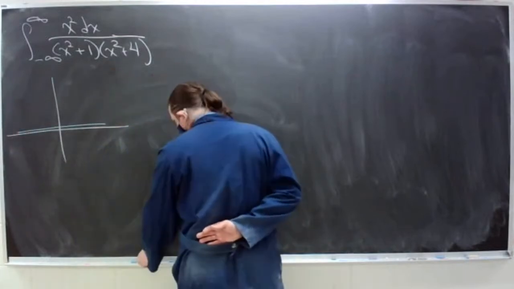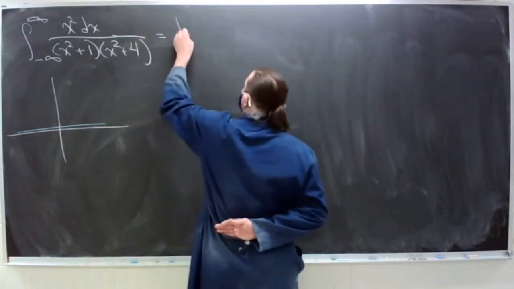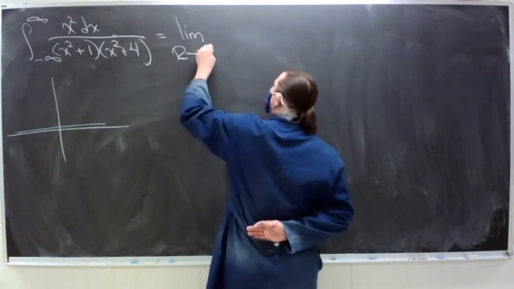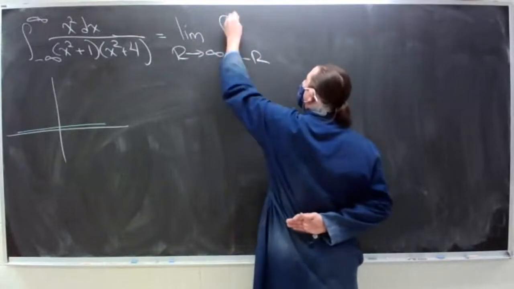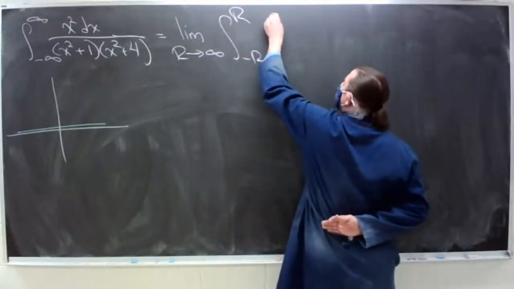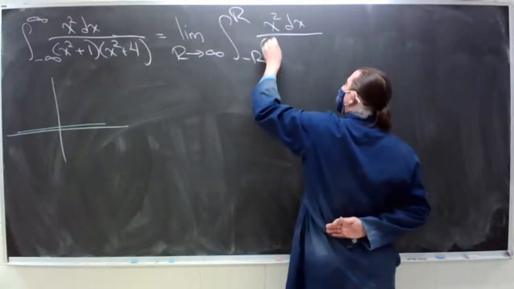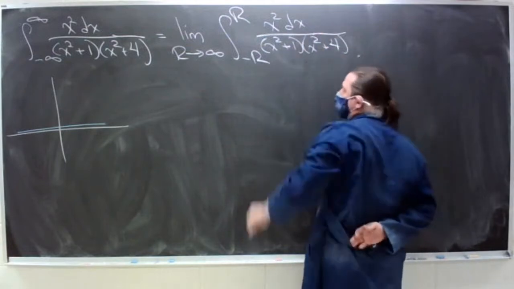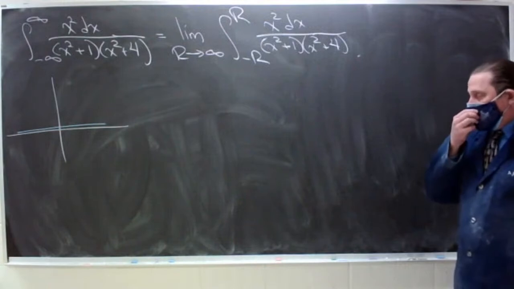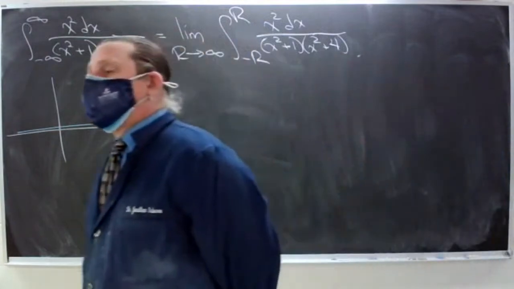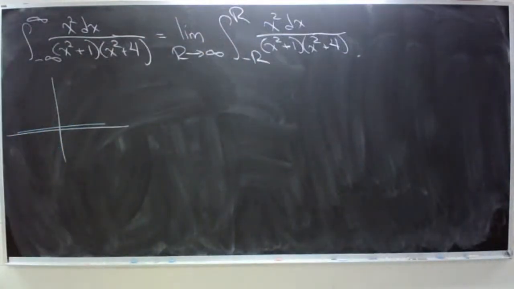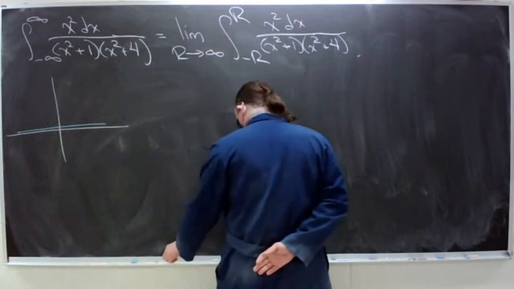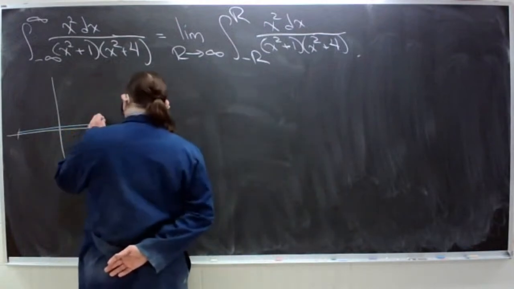We'll view it as a limit as r tends to infinity of the integral from minus r to r of x squared dx divided by x squared plus 1 times x squared plus 4. Okay, so we chop it off symmetrically.